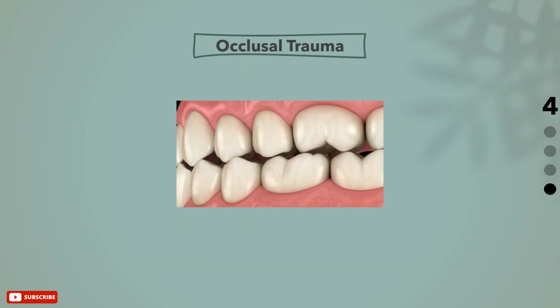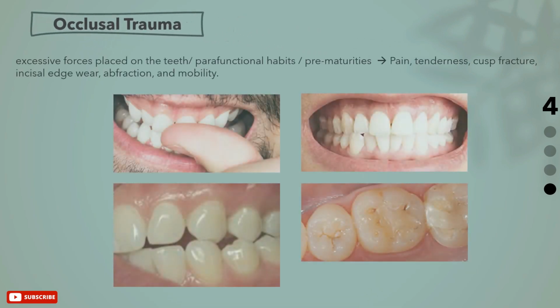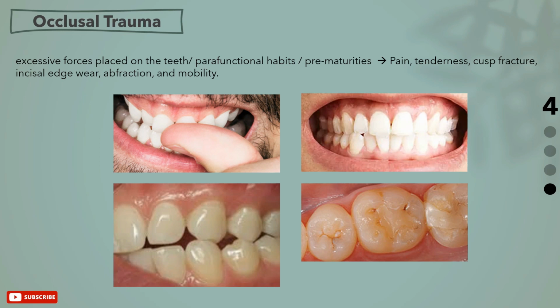Number 4. Occlusal trauma. Occlusal trauma occurs when there are excessive forces applied to the teeth, whether because of a parafunctional habit, prematurities, or a high restoration.